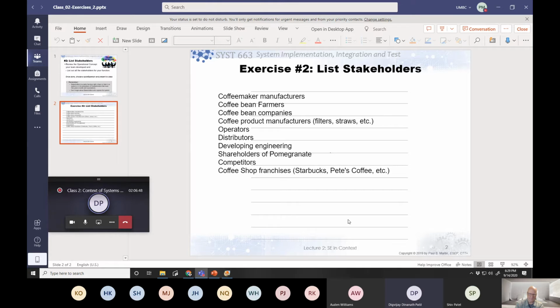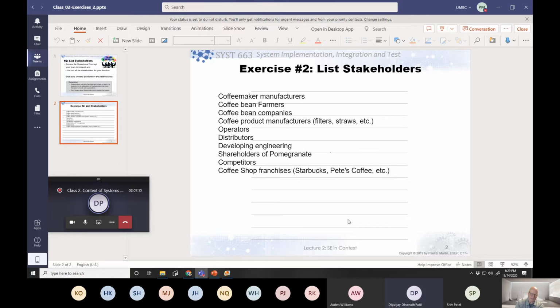So the coffee manufacturers are one of the stakeholders, coffee bean farmers, coffee bean companies who convert the coffee bean into something edible. Then coffee product manufacturers like filters, straws, the packaging, everything in all that. That little cute thing. Right.